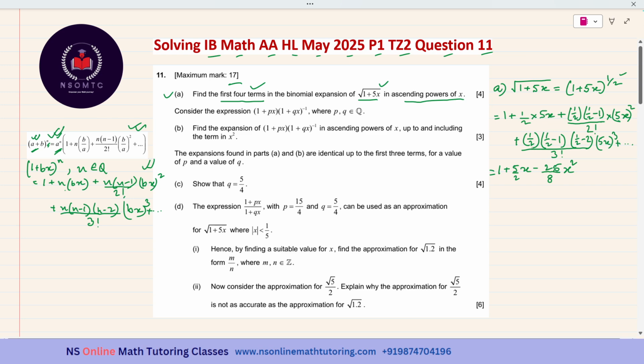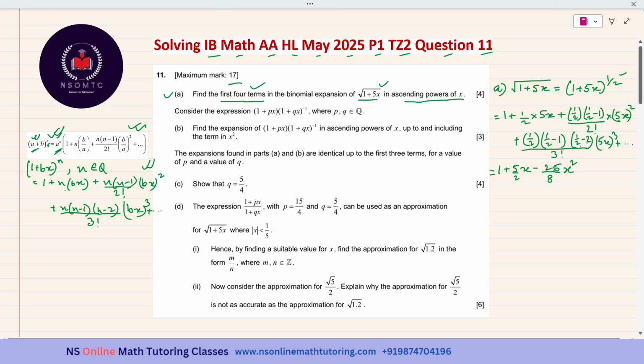The 4th term: half times half minus 1, that is half times negative half, is negative 1 over 4. And half times half minus 2: half minus 2 is negative 1 and a half, that is negative 3 over 2.